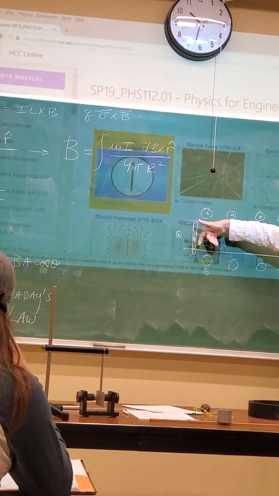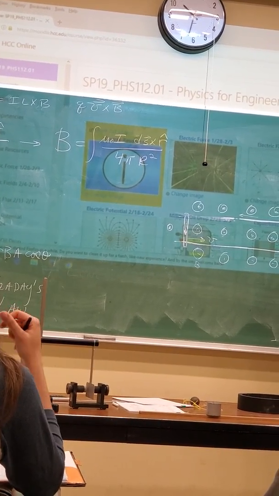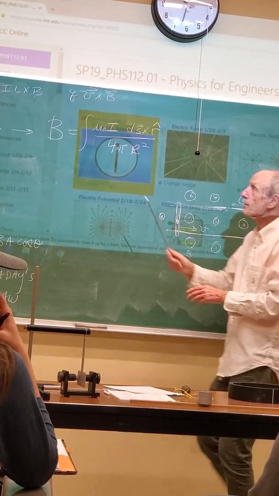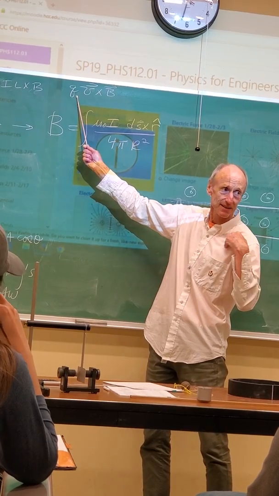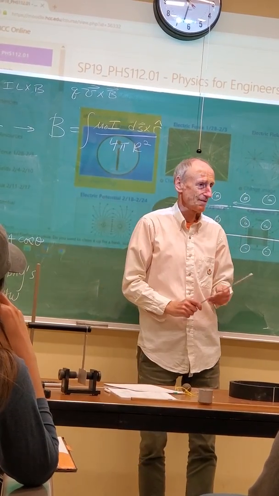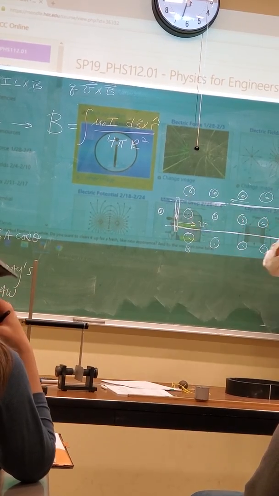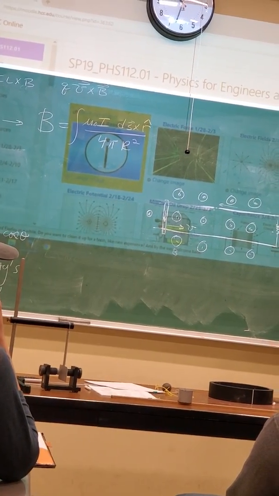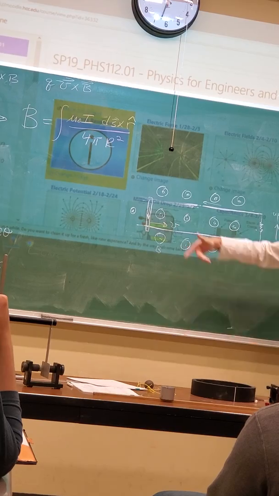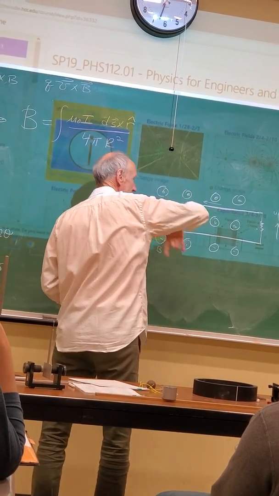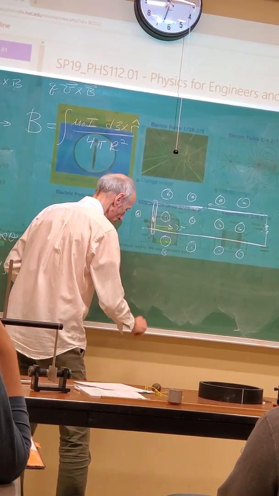When it's a current, it's positive. That's by definition. So negative J hat. I, D, F. So down, I gotta do this. This is out of the board. So the force is this way.